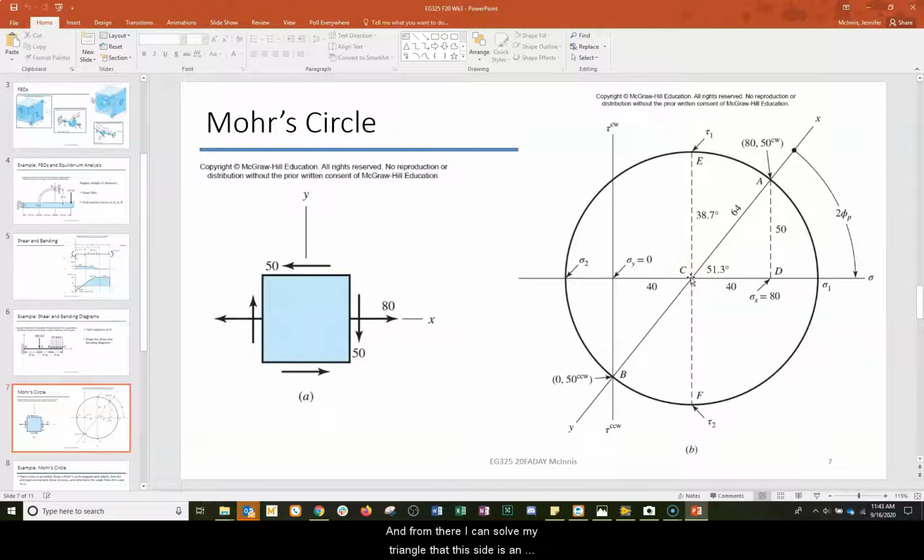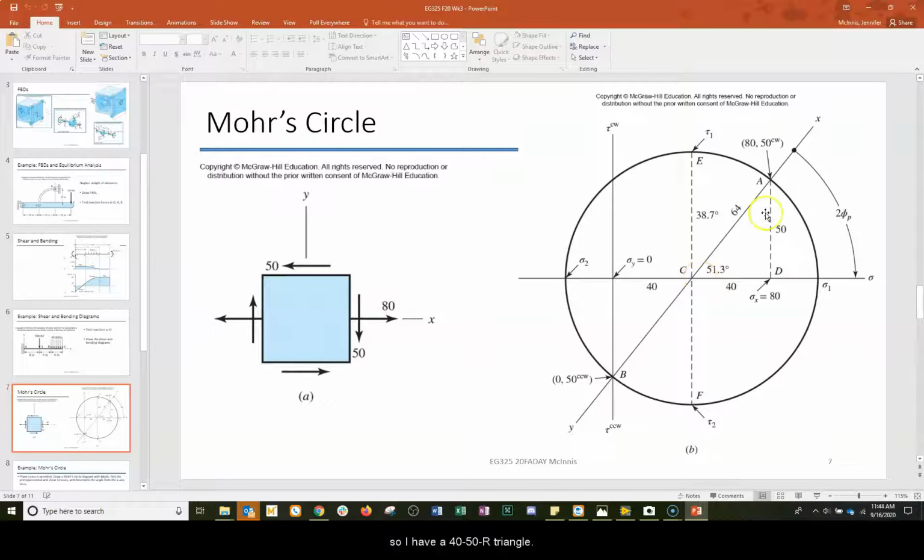From there, I can solve my triangle, where this side is an unknown radius. My height is 50, and the distance from the center of the circle to the horizontal position of point A is the normal stress at A minus the center, and so this is 40.